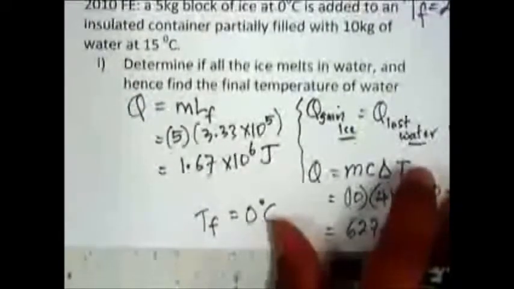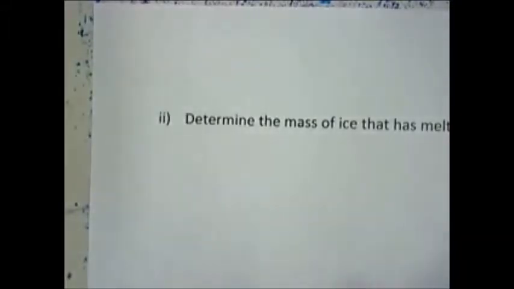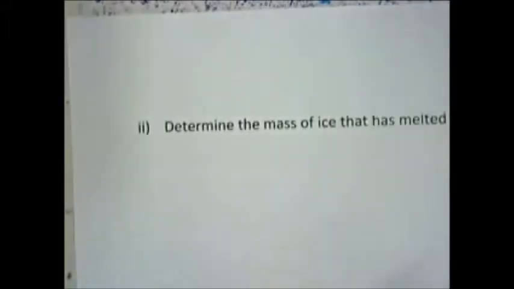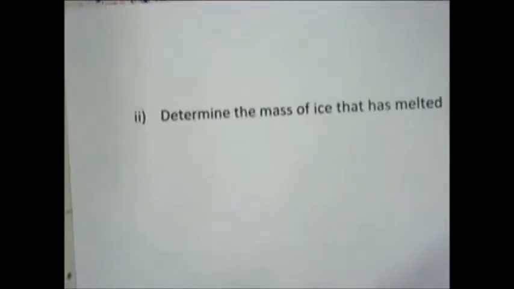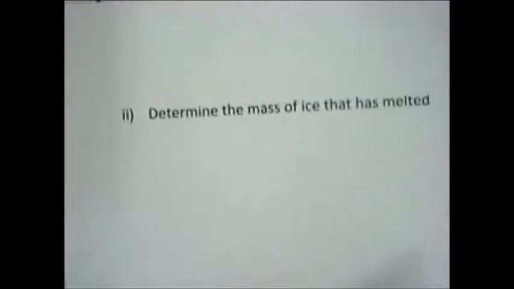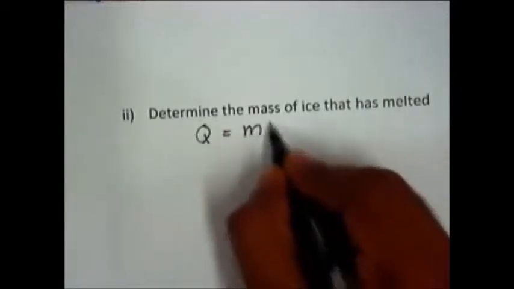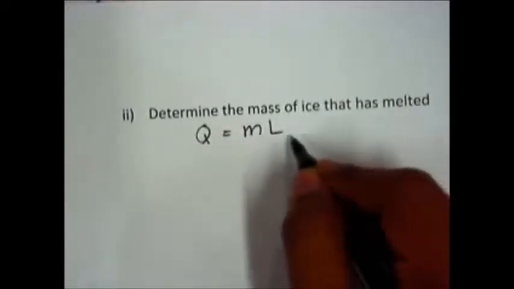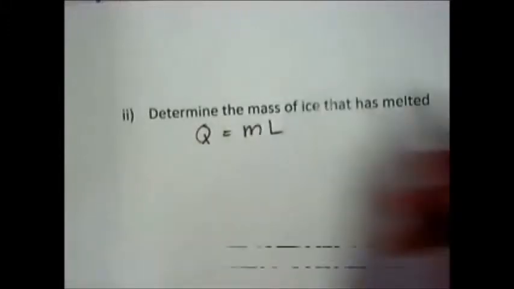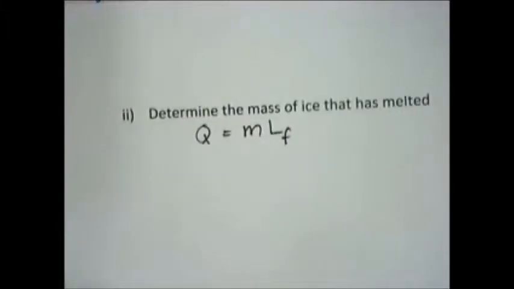Okay, second part of the question is asking, determine the mass of the ice that has melted. The mass of that ice which has melted, you know that your Q is equal to mass multiplied by L_F, since when you have a phase change, ice that is melting, you use mass times L_F.